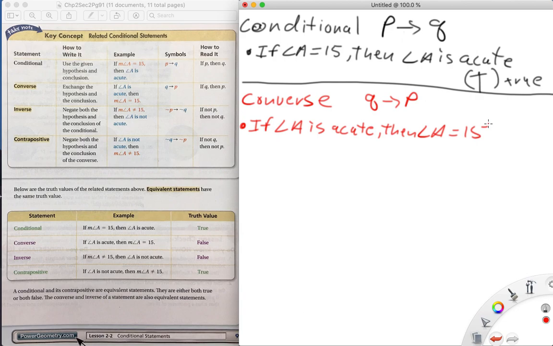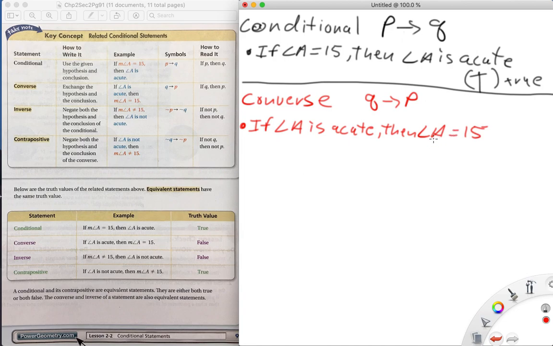If I want to prove a conditional false, I have to pick a scenario where the hypothesis is true but the conclusion is false. Can I think of a situation where this hypothesis is true and the conclusion is false? I have an acute angle, but the angle doesn't equal 15.